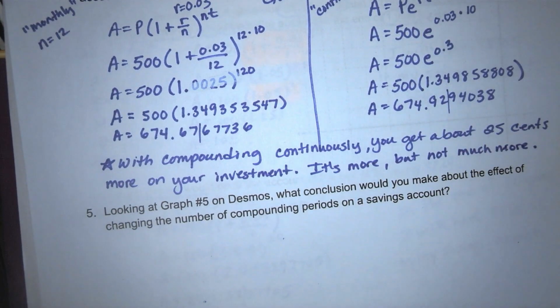So there's another graph for us to look at on Desmos, graph number 5, and I want you to try to make a conclusion about what the effect of changing the number of compounding periods has on our savings account. So what's a general statement you can say about compounding a certain number of times and how that's changing and what that's doing overall?